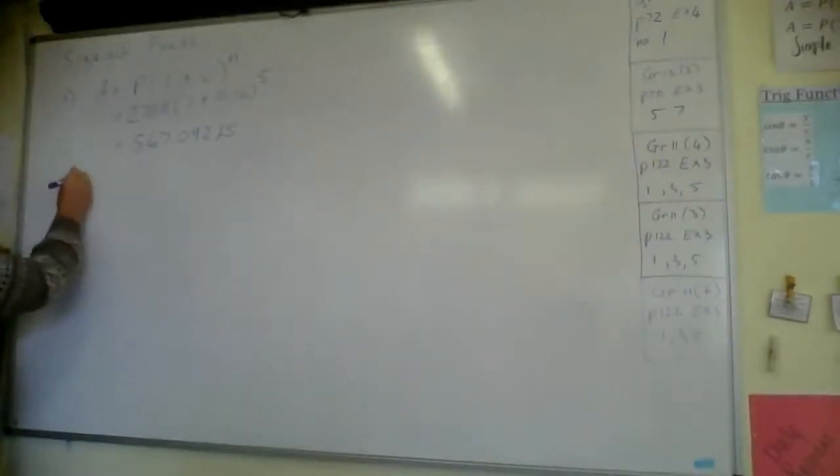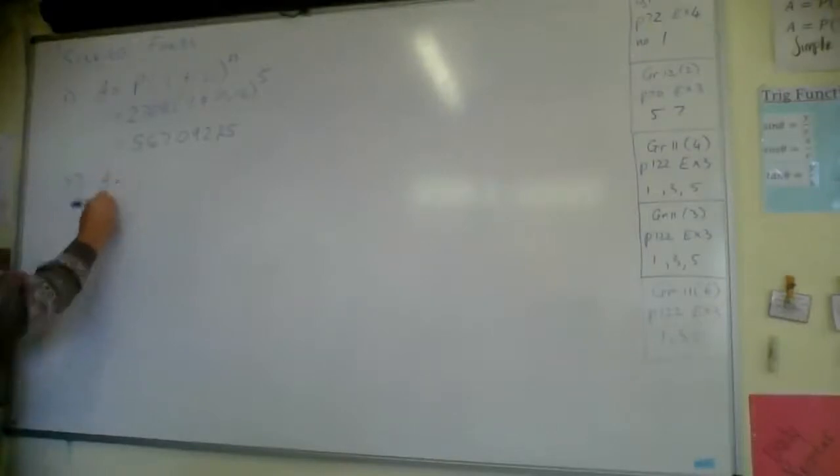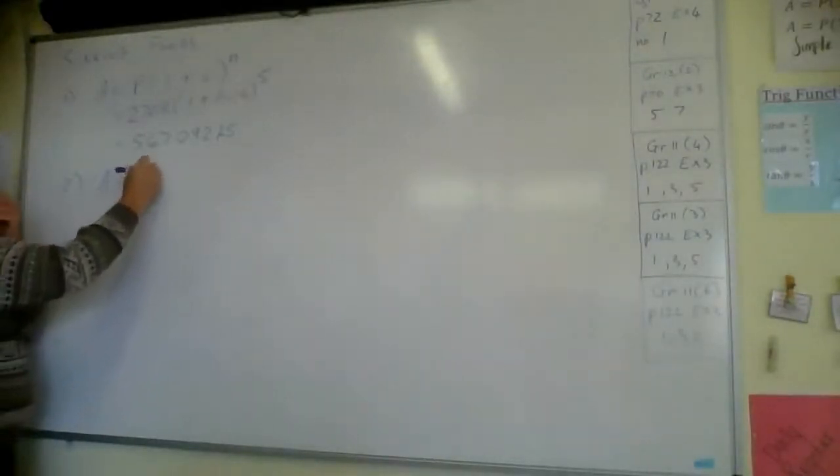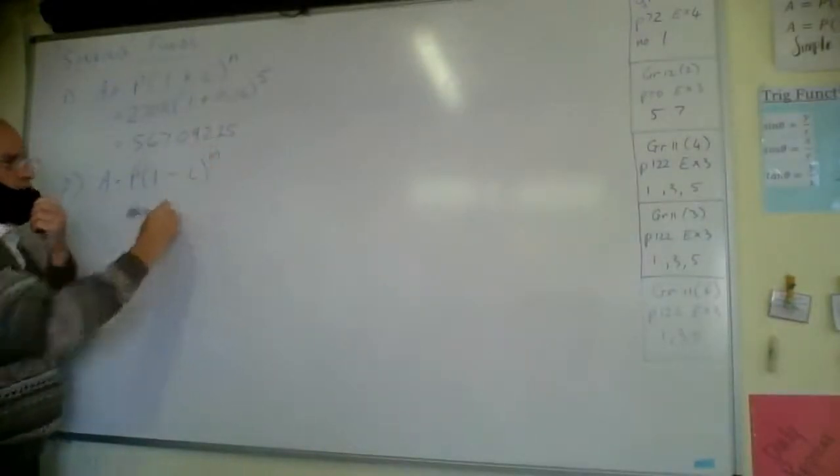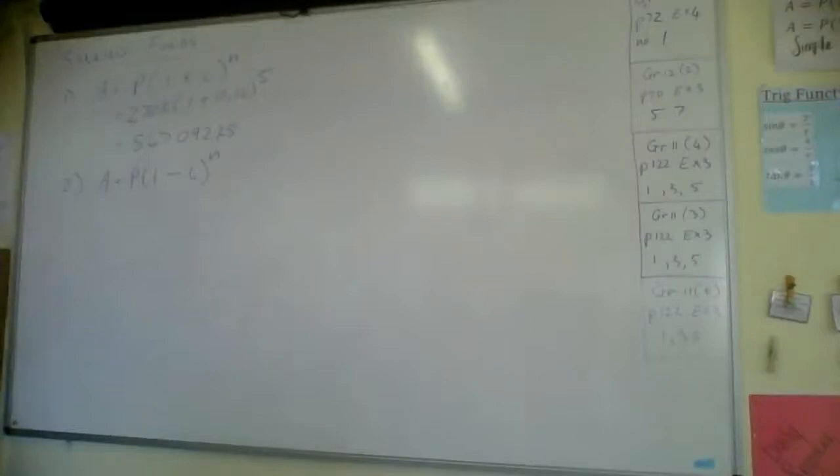So with number 2, we're going to use our reducing balance formula. It will be 1 minus i to the power of n. If you refer back to your worksheet, you will see that is what we're going to use anyway. Right, so we do have my final value over here.